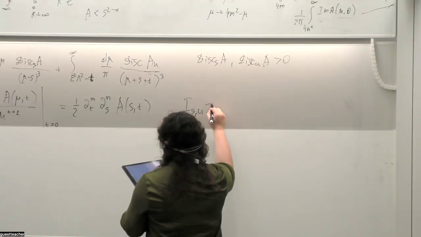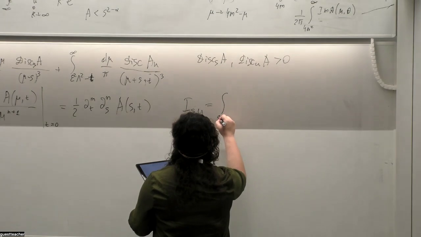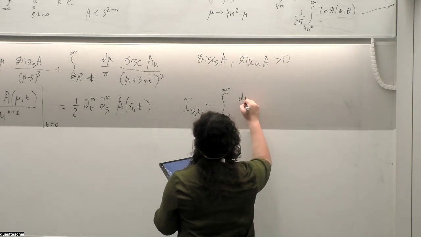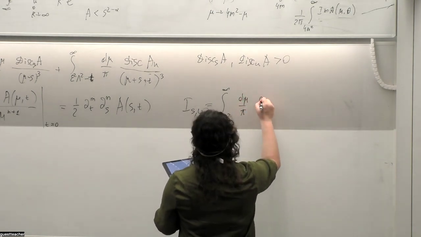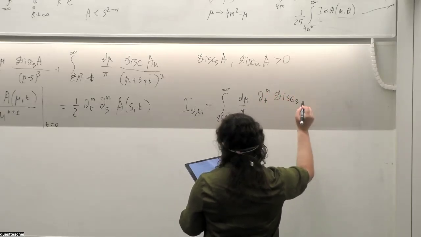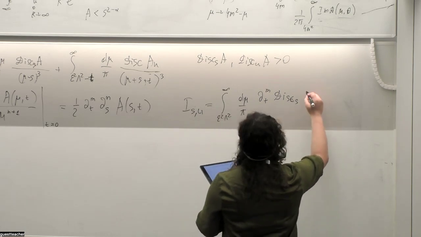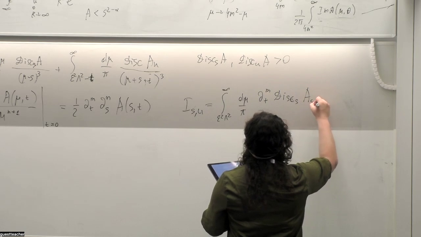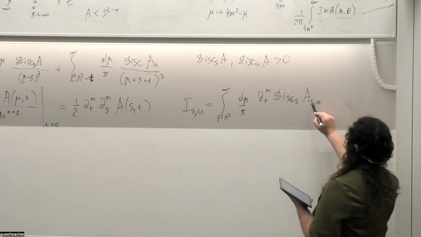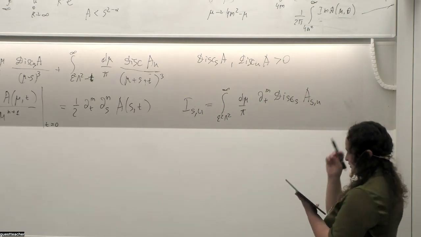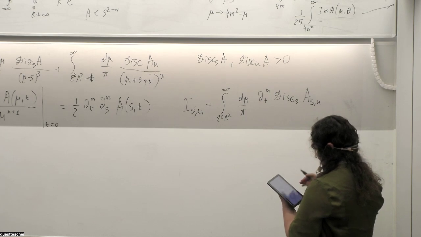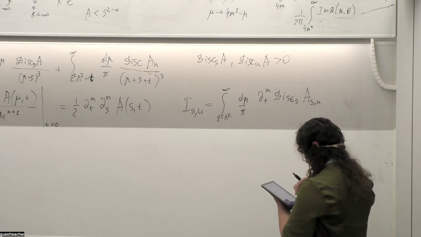The integrals I_s and I_u are defined as the integral from epsilon squared lambda squared to infinity of d mu over pi, d t m of the discontinuity of the s or u parts of the amplitude. In a fully crossing symmetric theory, I_s and I_u are the same, but in principle it can be extended to theories which don't have full STU crossing symmetry.